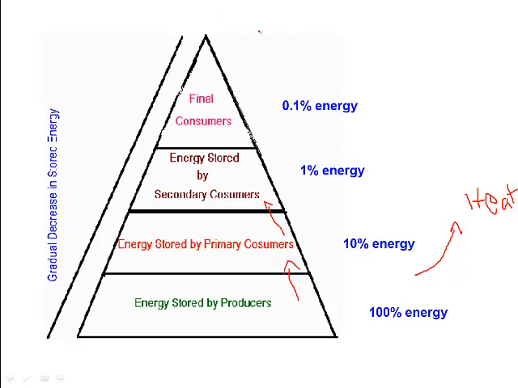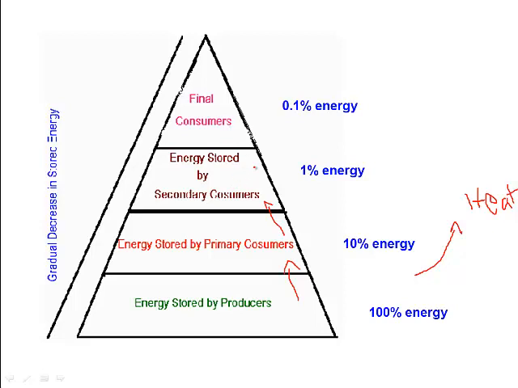So by the time you get to the very last organisms in a food chain, if they are a large organism, they have to eat a lot in order to gain enough energy. That's why typically decomposers are smaller organisms, like bacteria, that don't have a huge energy requirement. Things like lions and tigers will be in either the secondary or final consumer level.